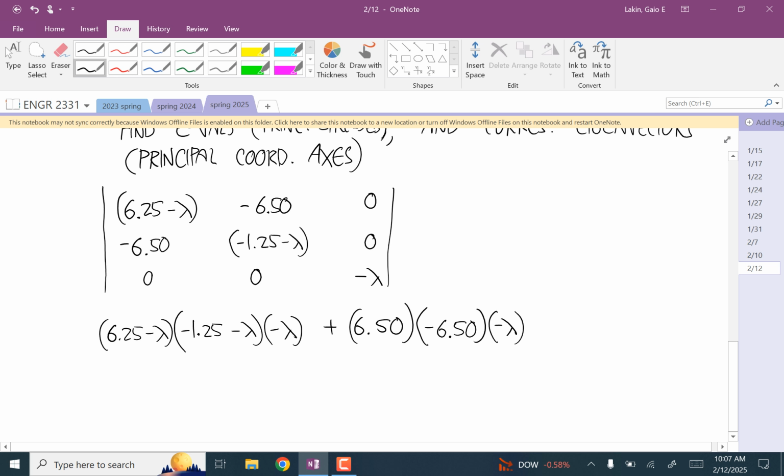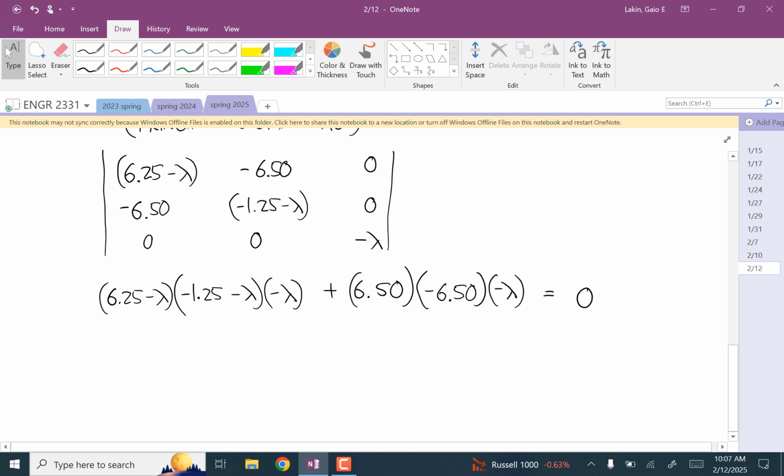He says it's going to be quadratic. Yeah, well, notice that both of them are multiplied by a lambda, so that'll be our zero root. So we can pull that out, and we get lambda times 6.25 minus lambda times the quantity negative 1.25 minus lambda.